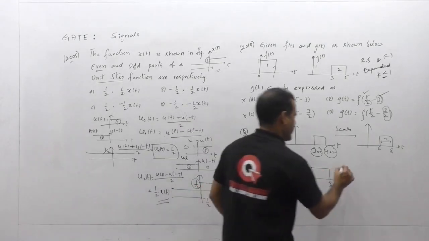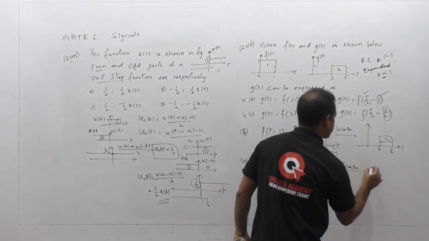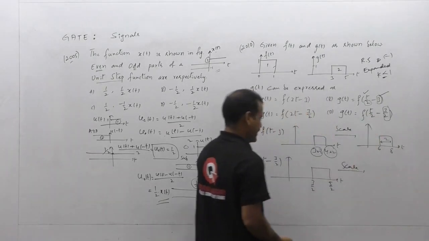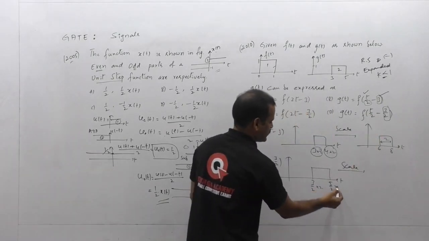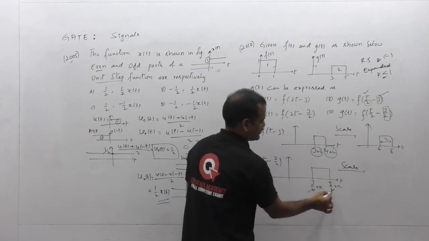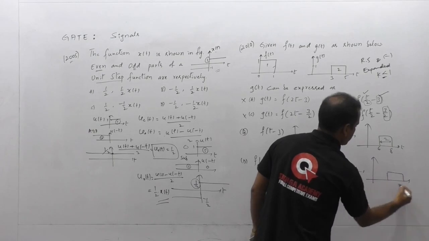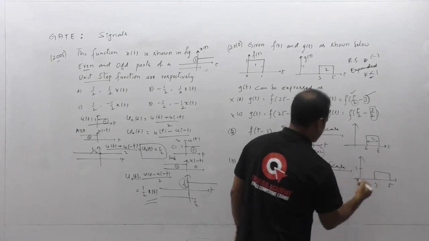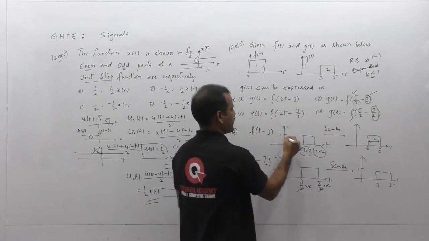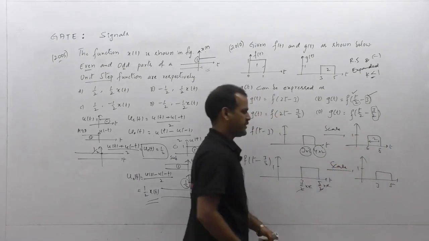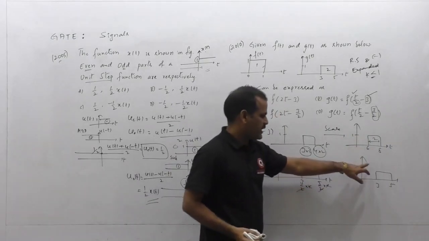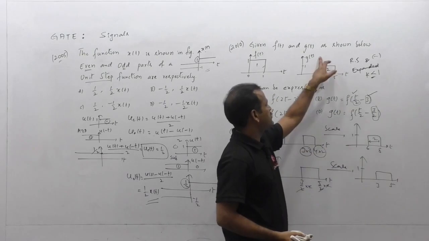Then let us scale this signal. In the scaling operation, t divided by 2 means we have to multiply by 2. So the 2 gets cancelled here, and the signal exists from 3 to 5. Amplitudes do not change while we are performing operations on the independent variable of the signal. So the signal for option D is matching with g of t.